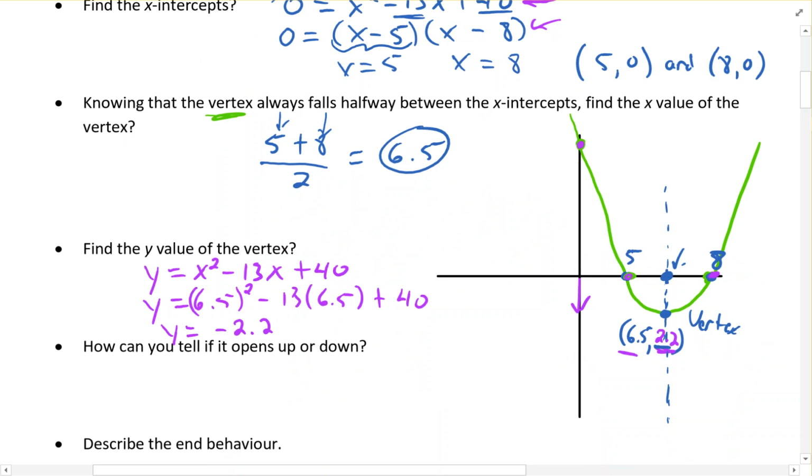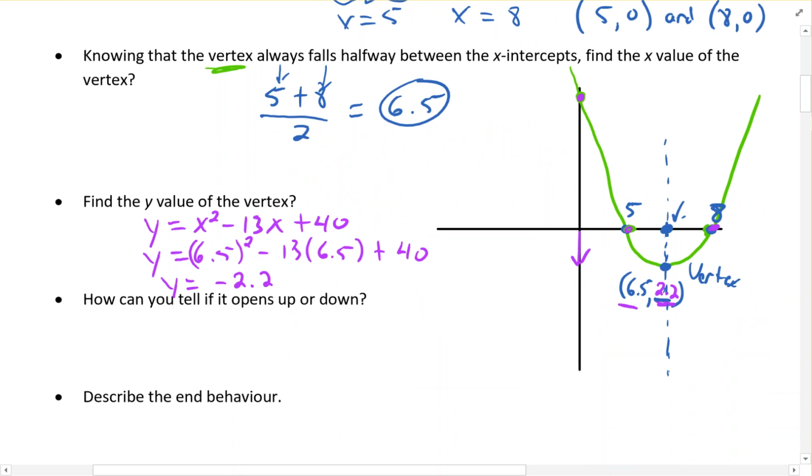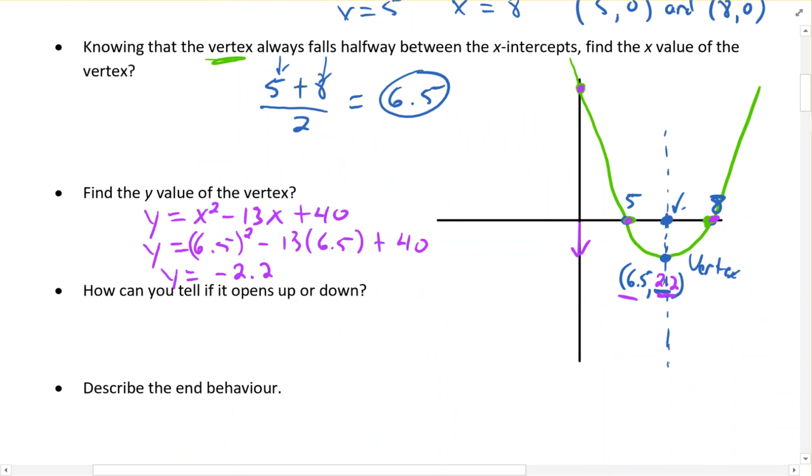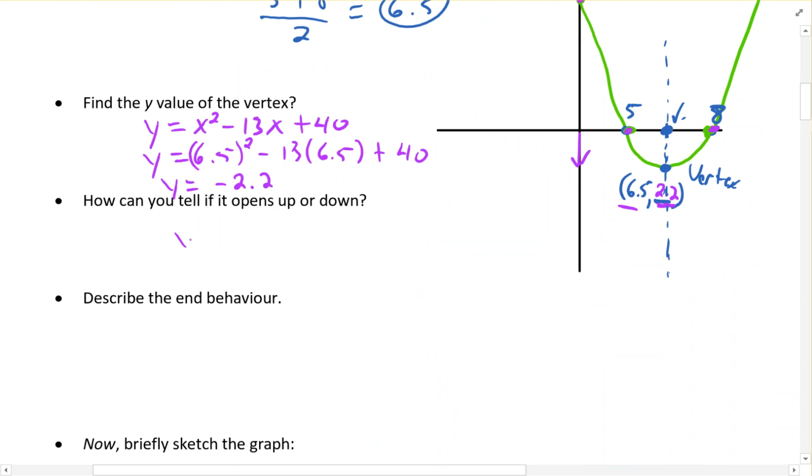So that's one way. I also know that it opens up because it's a positive number out front. Our original equation was y is equal to x squared minus 13x plus 40. Look for the number out front, or the sign out front, I should say. If it's a positive, that means it's happy.